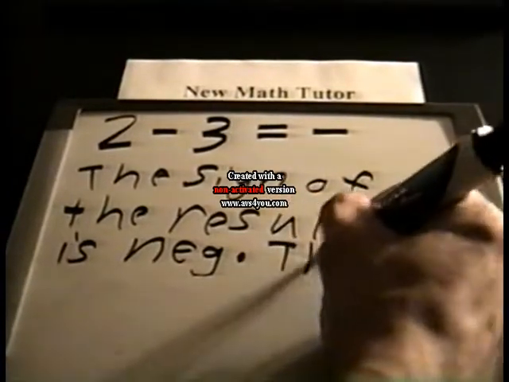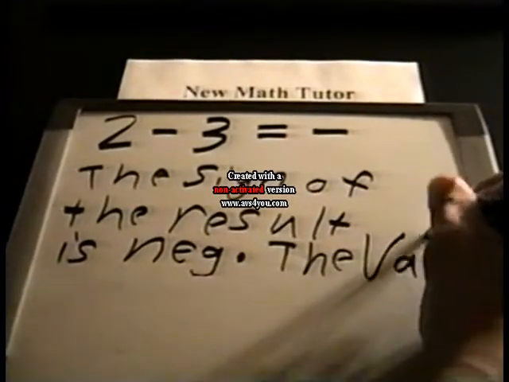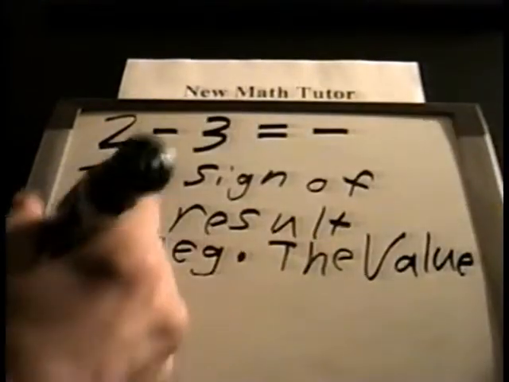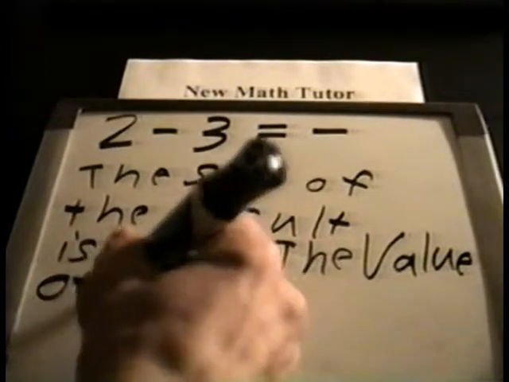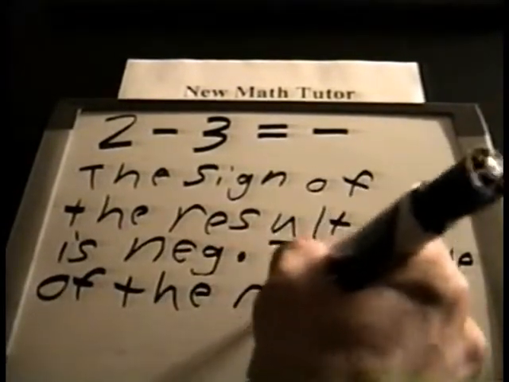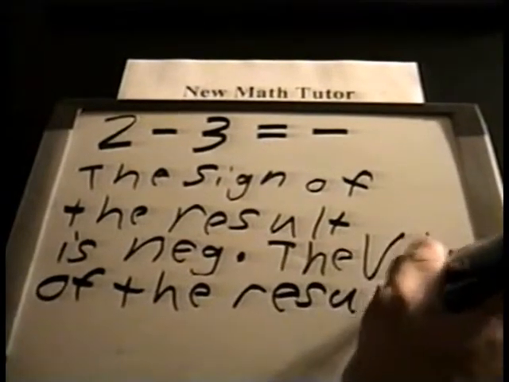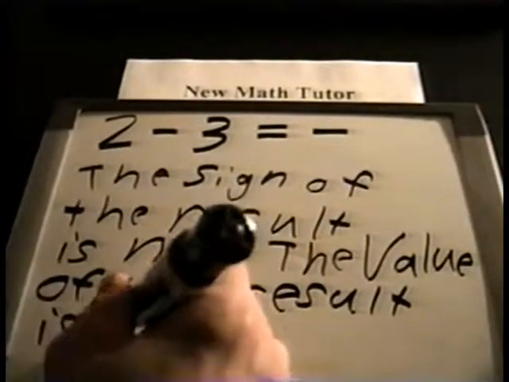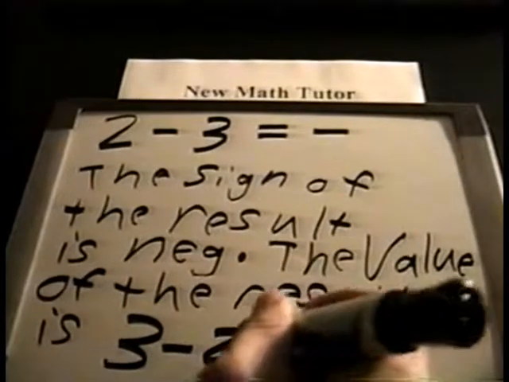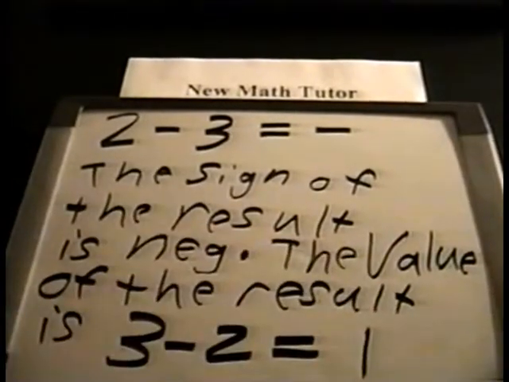The result being what it equals. The result is what an equation equals. So the result has two parts. It has a sign and a value.